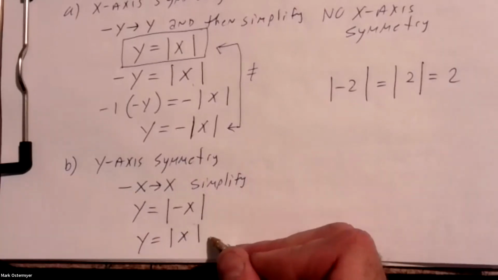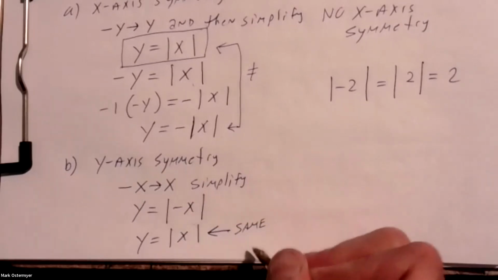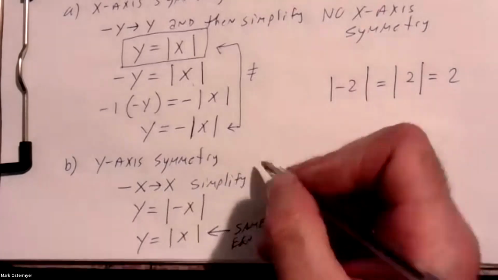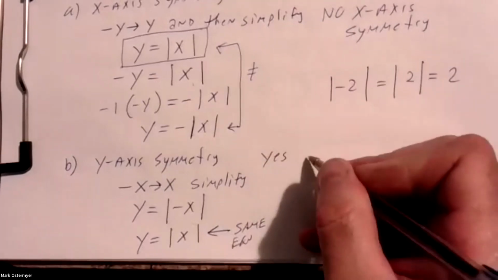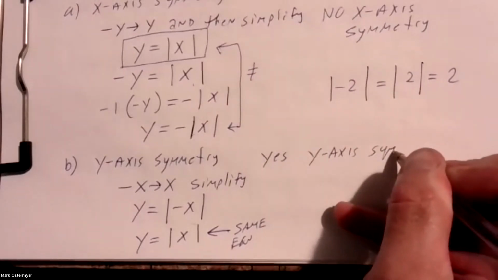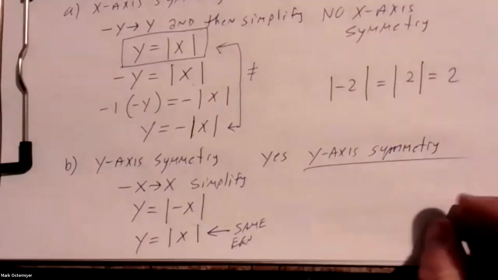Well, guess what? I got back my same original equation. And therefore, we would say that yes, we do have y-axis symmetry here. So it looks like our graph is symmetric with respect to the y-axis.